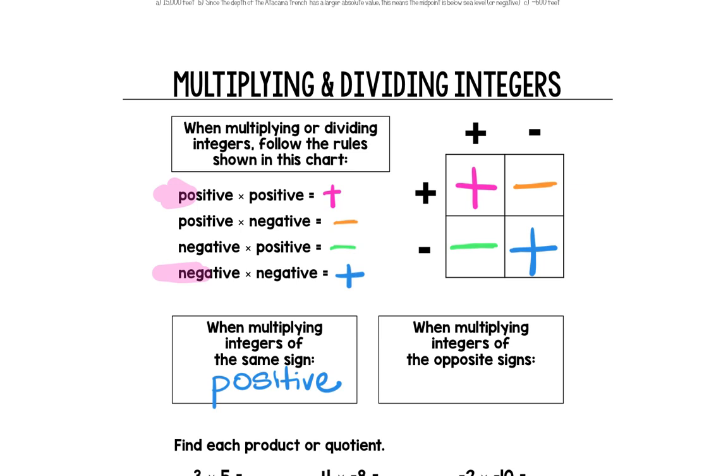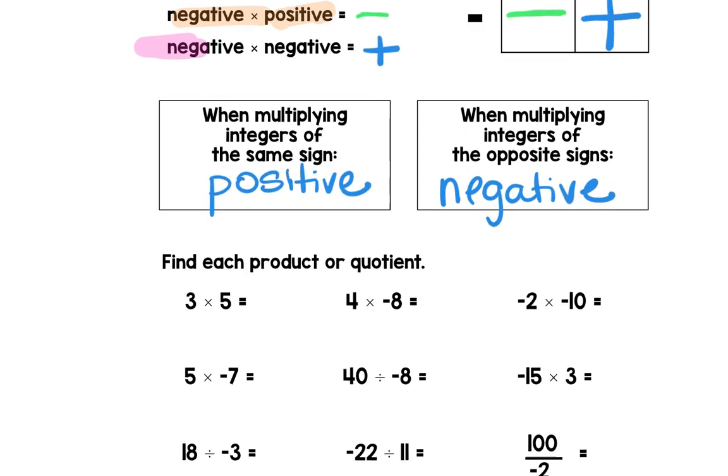When the signs are different, a positive and a negative or a negative and a positive, the answer is going to be negative. And that is something you just need to memorize and know, and then you will be successful with multiplying and dividing. So let's practice here.